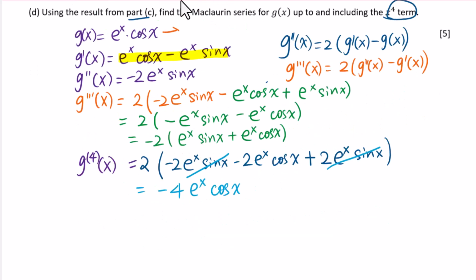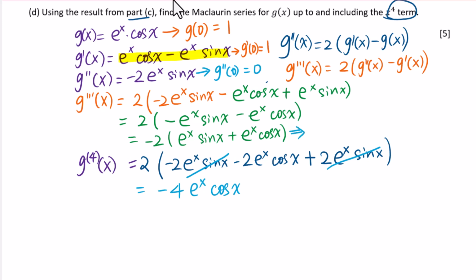Therefore, from here, we got g of 0 equals 1. From here, g prime of 0 equals 1. From here, g double prime of 0 equals 0.